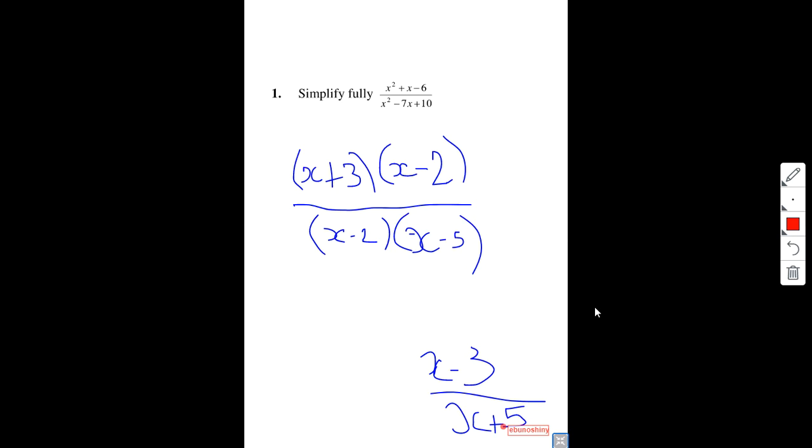That's correct. And it's x plus 3, numerator, final answer. Okay, now the next slide. You can move on to the next slide. That's good.